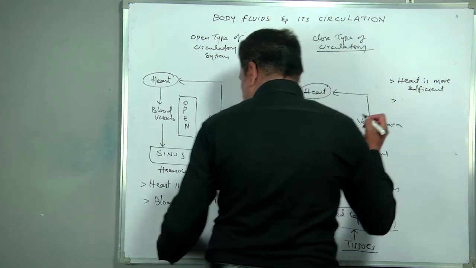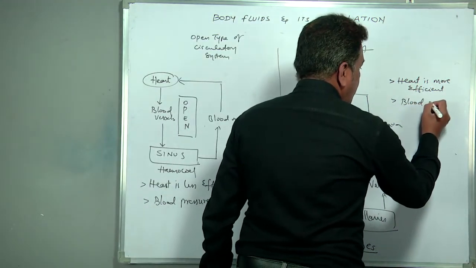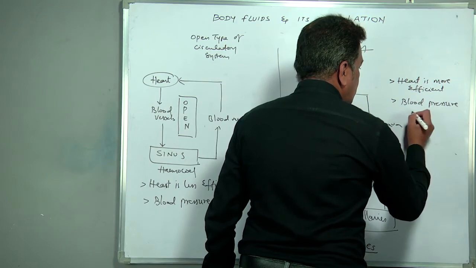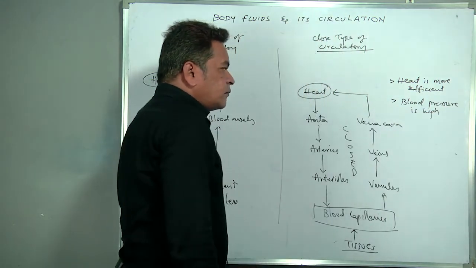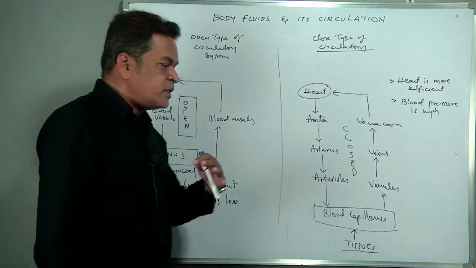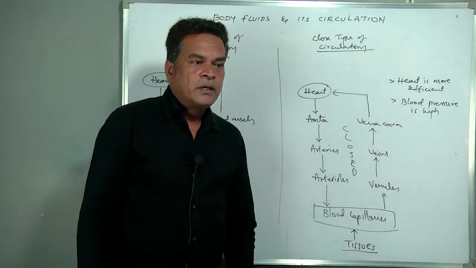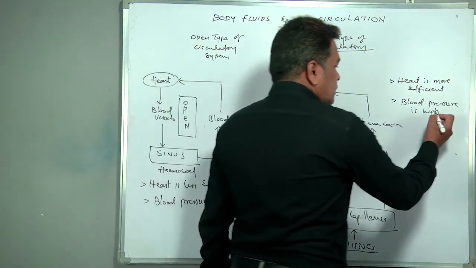Here your blood pressure is less. Here the blood pressure is high. High means we are comparing with that of the closed type of circulatory system. That means it maintains the blood pressure. In the case of human beings, the normal blood pressure is 120 by 80.